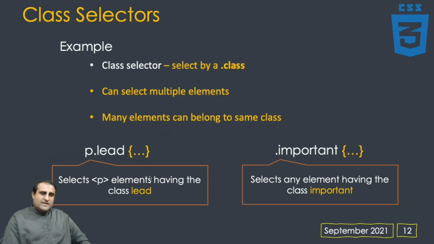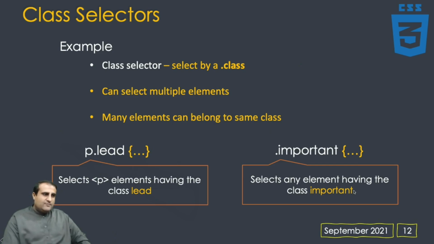What it means is that this style will be applied to the element which has the class lead, and the element can only be a paragraph because we specify the p. For example, if there is an h1 element with the class lead, this style will not be applied to it. It will only be applied to paragraph elements which have the class lead.